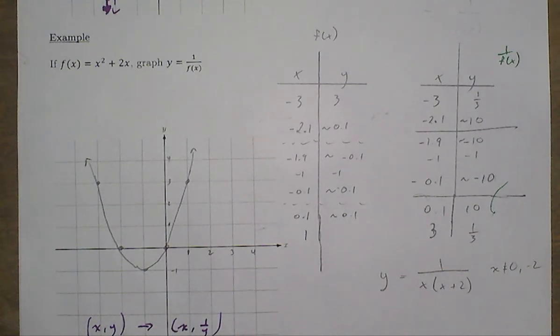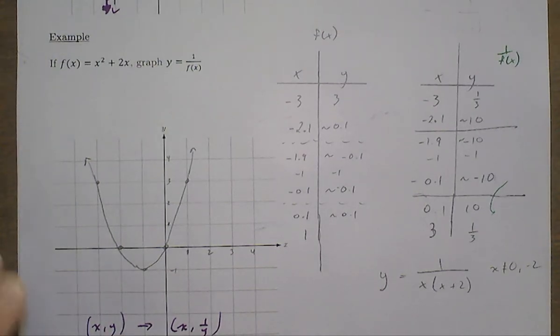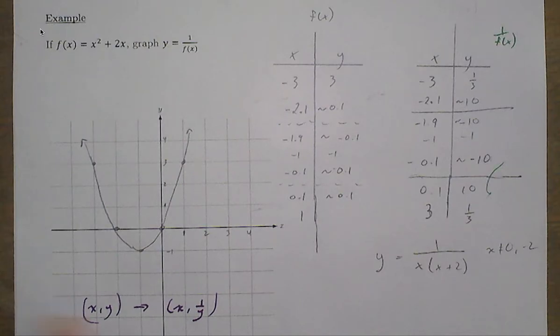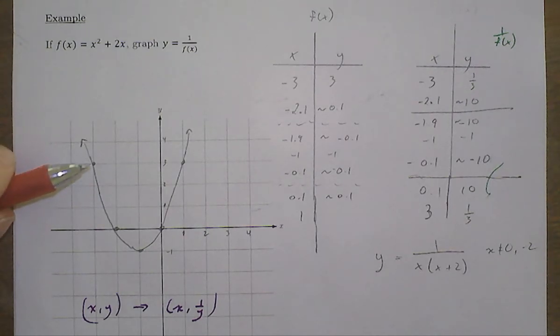Now remember, when I take a look at a point here and transform it, I just simply take the reciprocal of the y value. So let me start off. I've always found the best tool when doing transformations is a pen to point to a point.